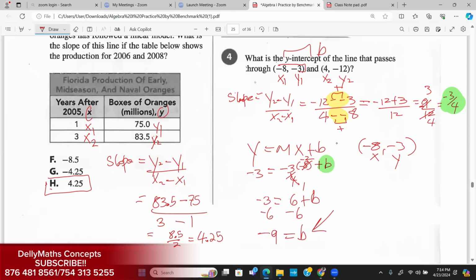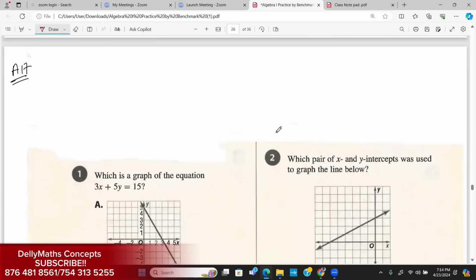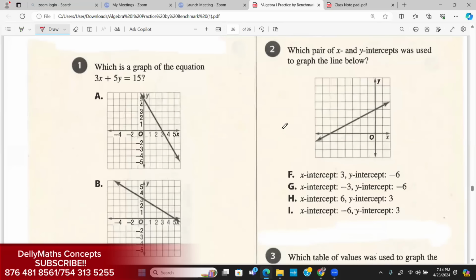This is the answer, and this is my y-intercept right there. So my y-intercept is equal to -9, but as a coordinate, it's going to be (0, -9). All right, there you go. And remember, at my y-intercept, x is always 0, right? There you go. Let's take a look at another question.